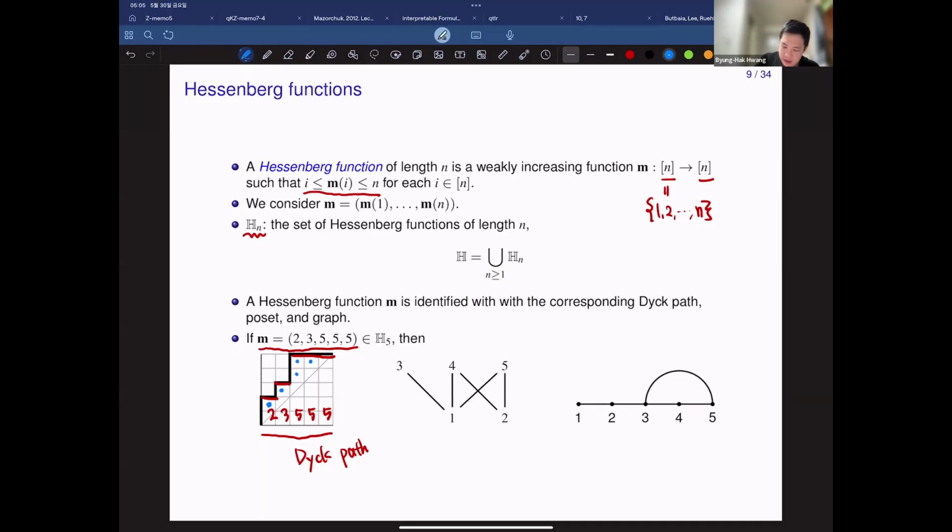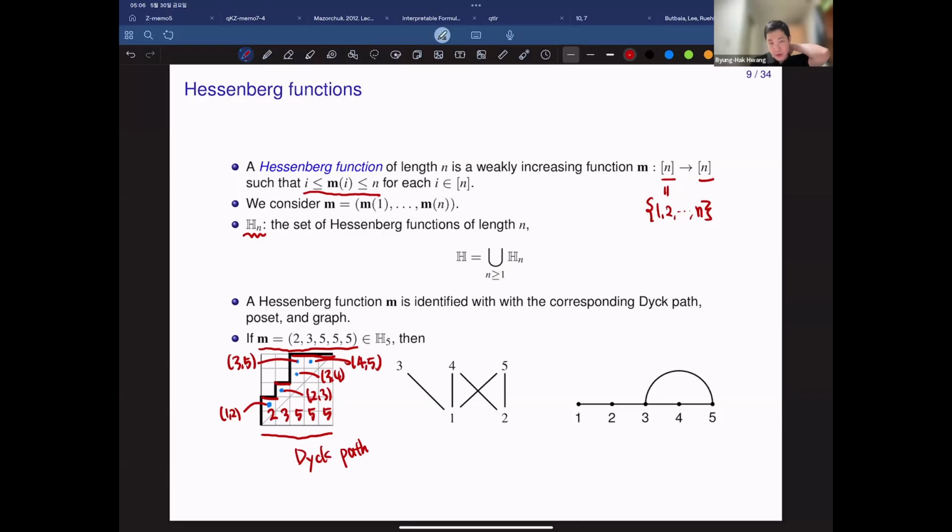These unit cells are denoted 1, 2, 2, 3, 3, 4, 4, 5, and this one is 3, 5.